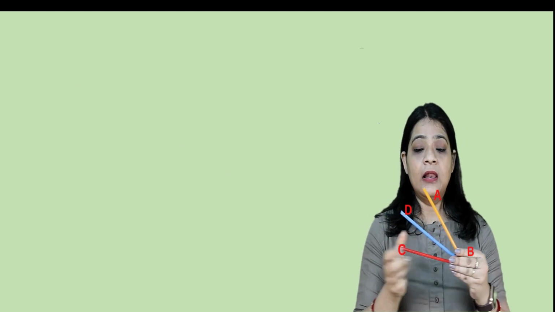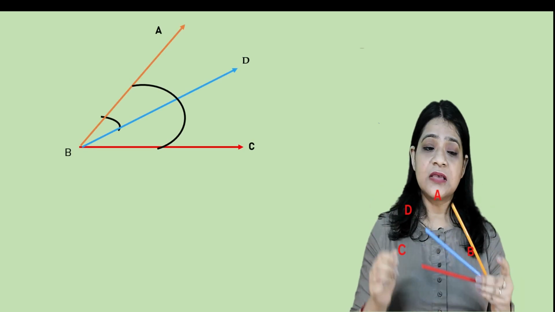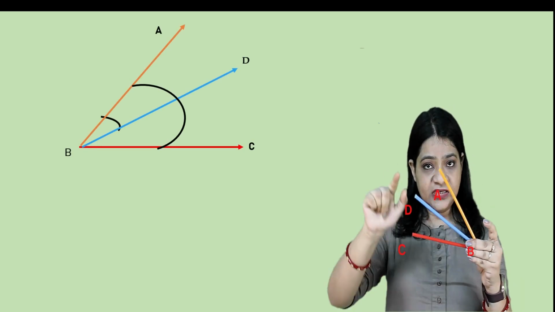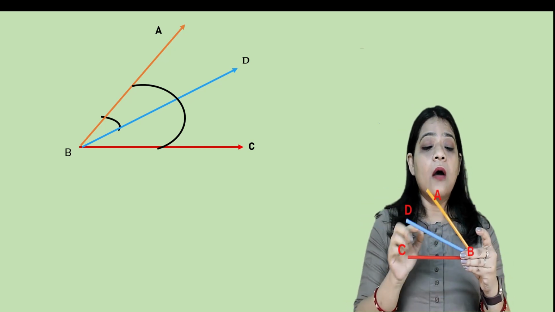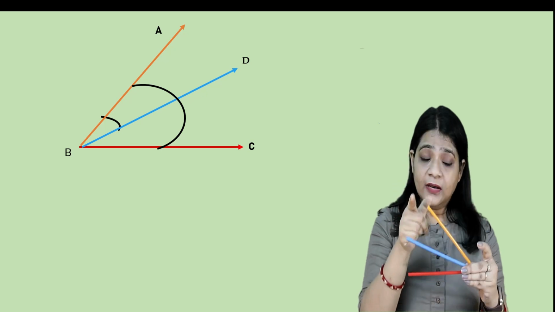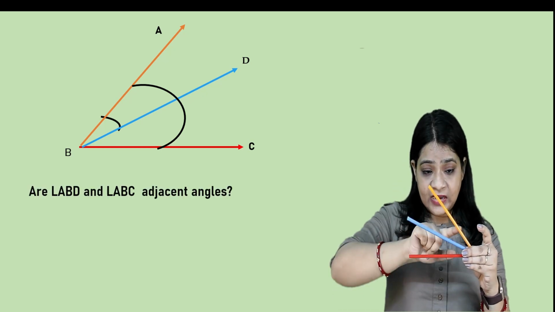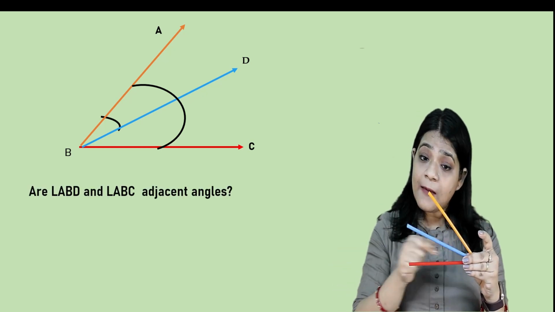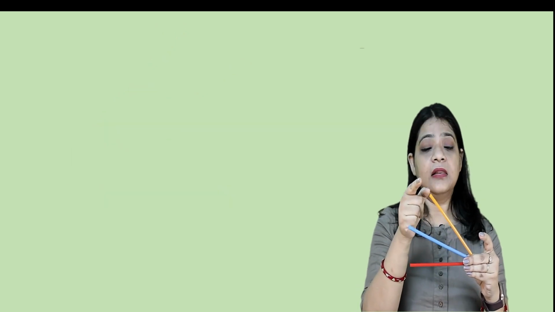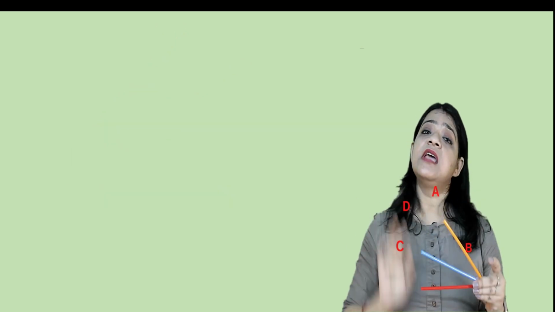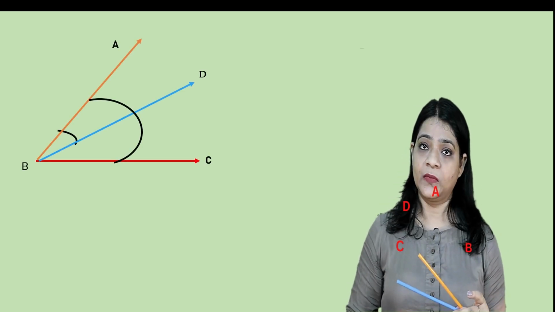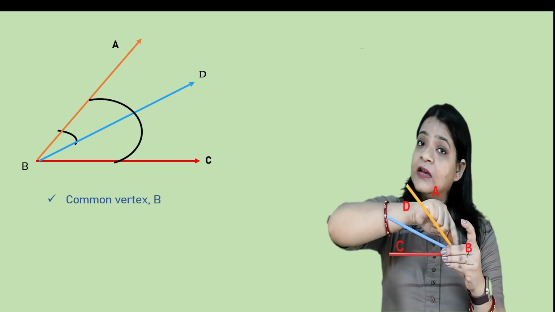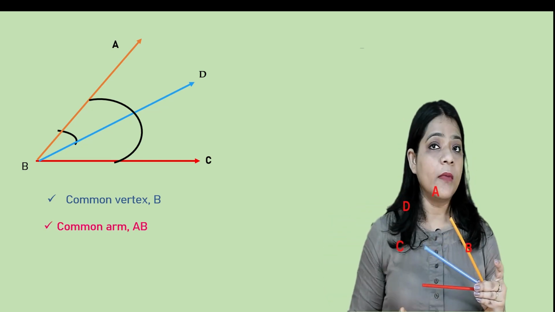Now let me give you one example. Suppose ABC is an angle and BD is a line. If I ask whether the complete angle ABC and angle ABD are adjacent angles or not, what will be your justification? You will say that yes, the point of origin is common.